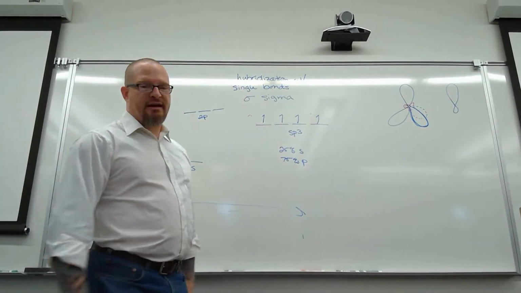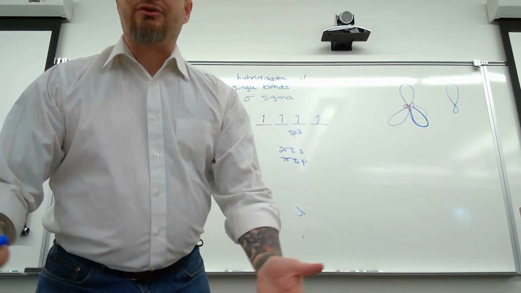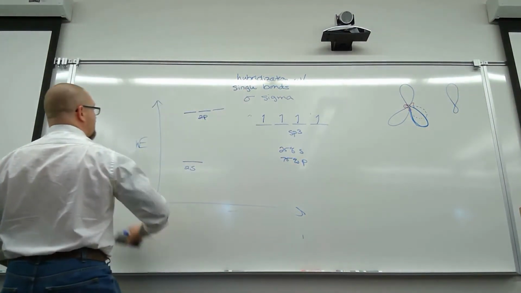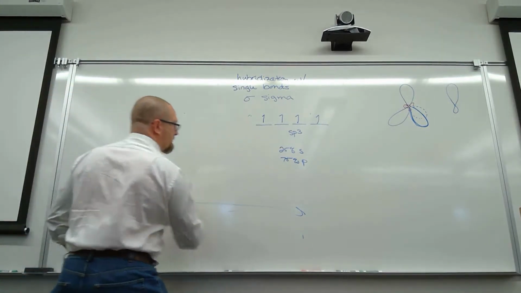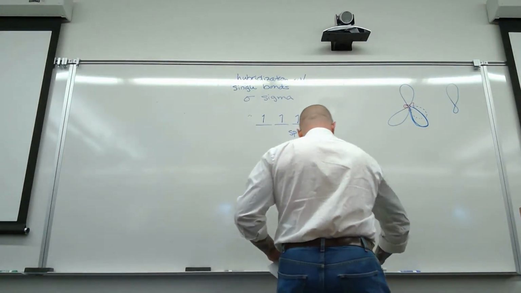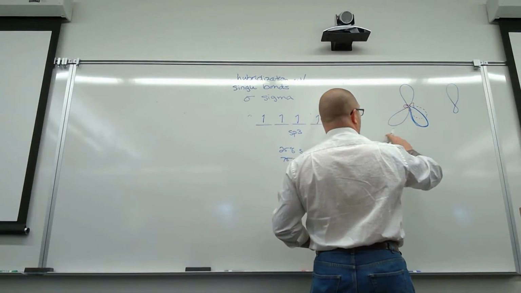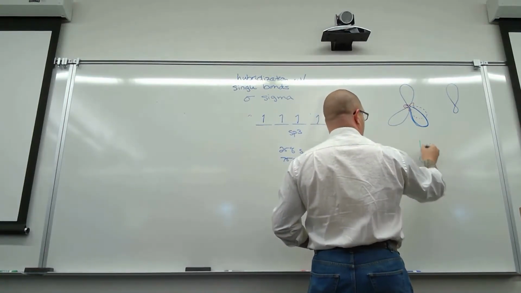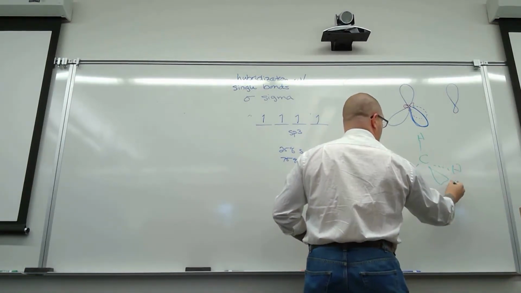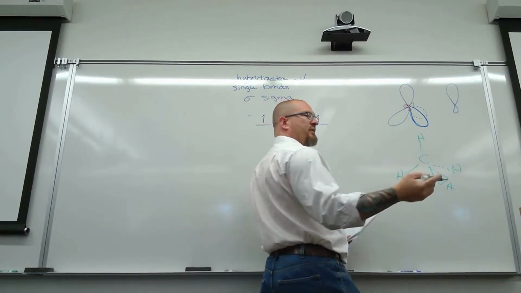So now that we have hybrid orbitals, we can do bonds. That makes sense. And in the case of methane, the carbon hybridizes, but the s doesn't.